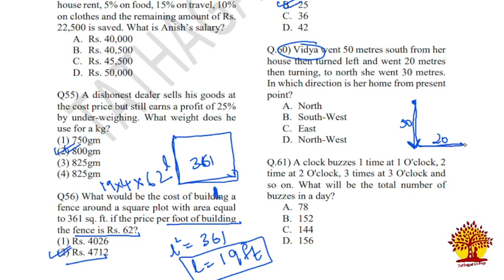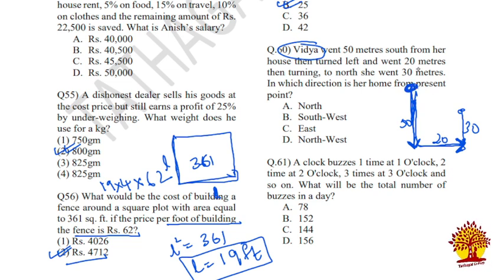Then turning to north, 30 meters, meaning here 30 meters. This is total 50 meters here. She will reach a point here. Then in which direction is her home from the present point, this direction they have asked.